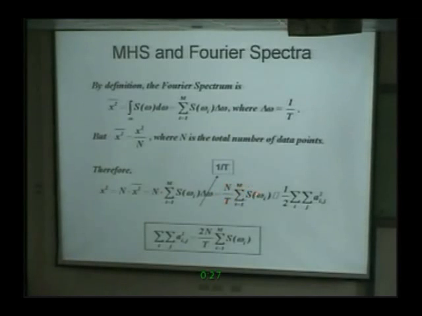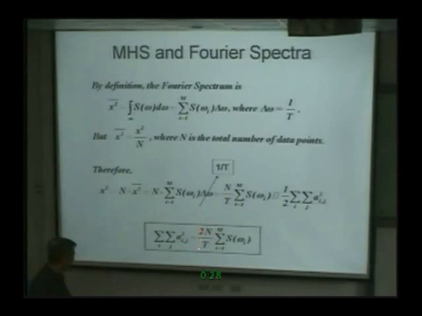And this spectrum is about half of the amplitude. Therefore, the summation of a squared equals 2 times N/T times the summation of the Fourier spectrum. So here we have a big factor. It depends upon how many points, what your frequency is, the total time and the total number.